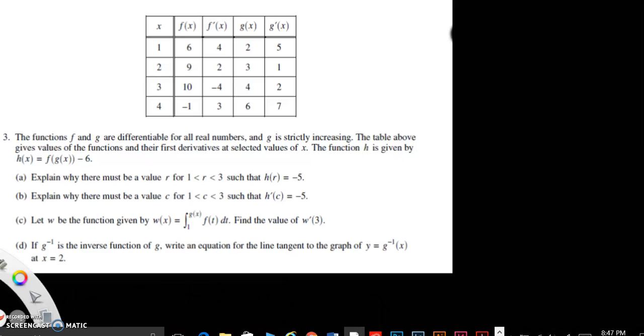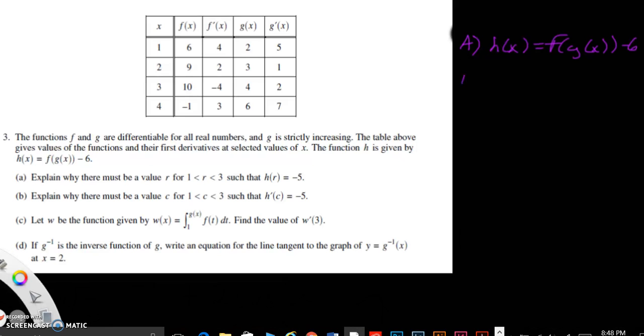Explain why there must be a value r, with 1 less than r less than 3, such that h of r equals -5. Okay, so this seems like we're going to have to do IVT, so let's write this down. h of x equals f of g of x minus 6.